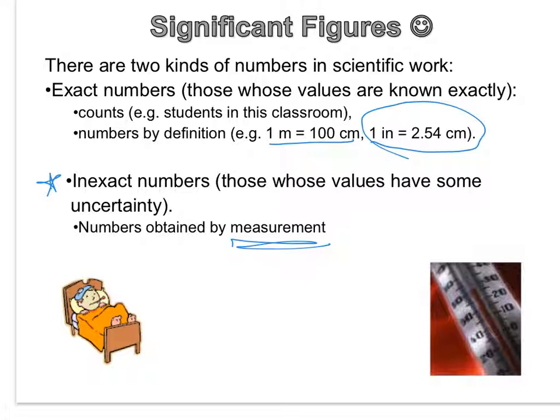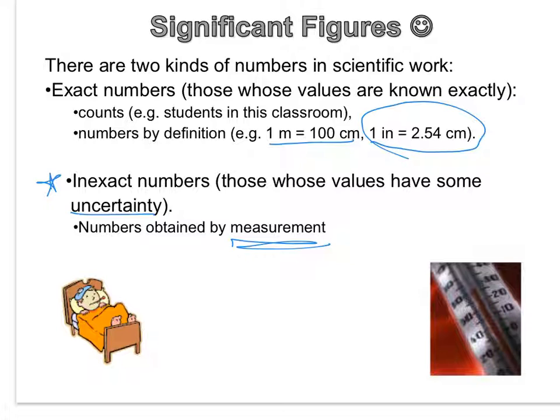As scientists, we have gone further and further and made more and more demarcations on our tools, like on meter sticks. They have millimeter values. And so as you add more and more demarcations on your tool, you're taking the uncertainty and diminishing it.